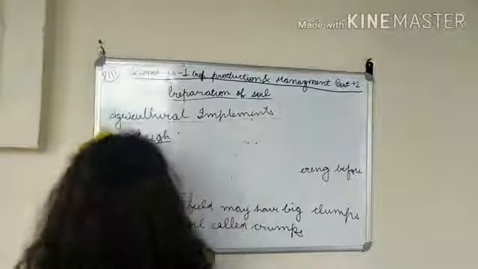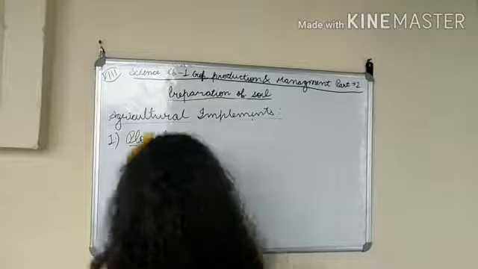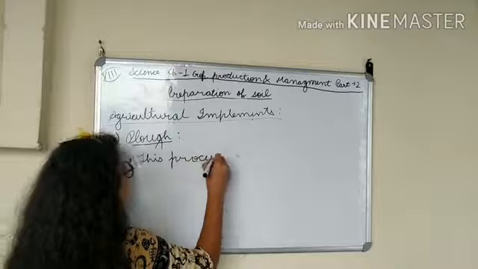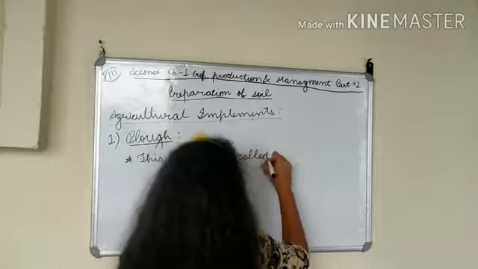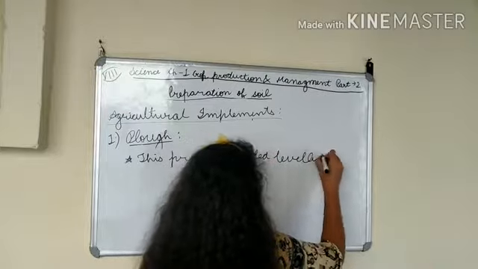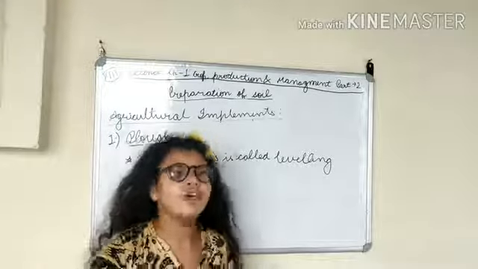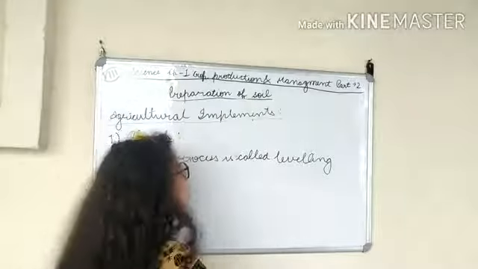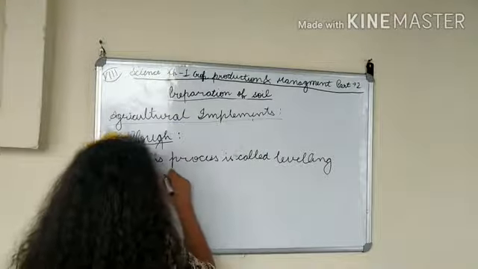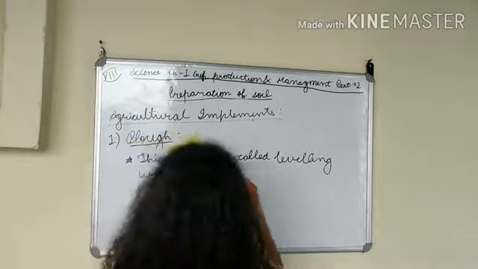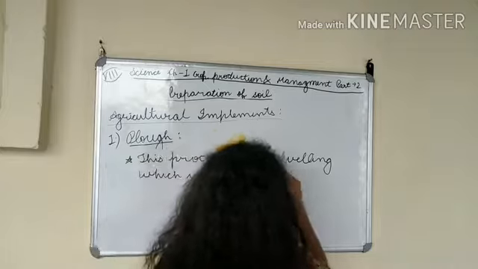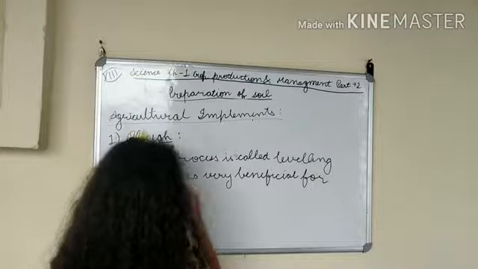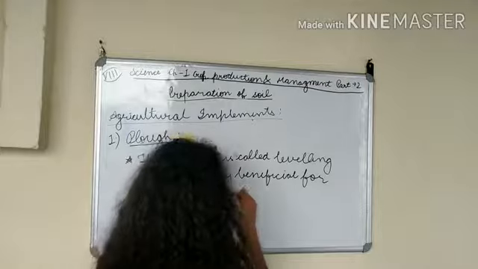Now, this process is called leveling. Which process is called leveling? The process of breaking the clumps of soil, which are called crumbs, is called leveling, which is very beneficial for sowing and irrigation.